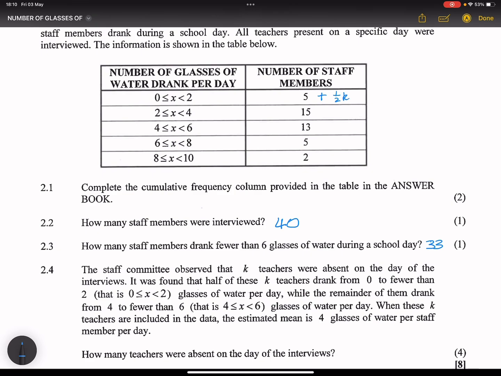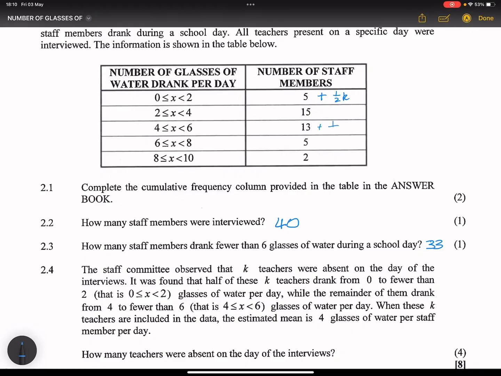And the remainder of them drank from 4 to fewer than 6. So the other ones were actually between here.